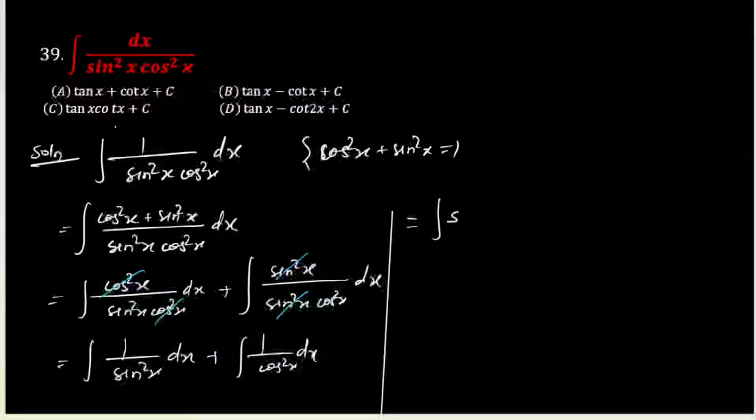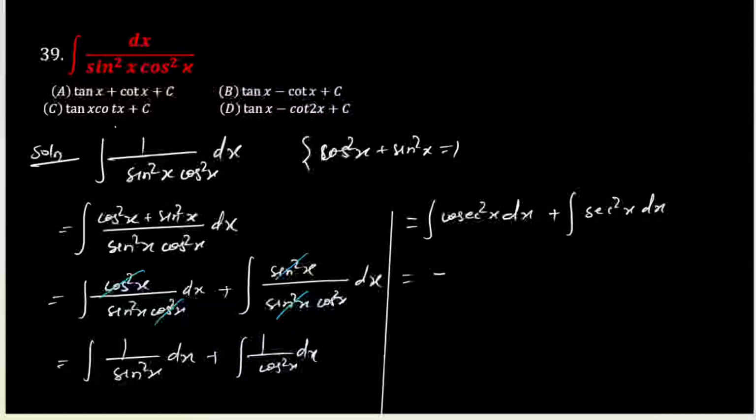This is equal to the integral of cosec x dx plus the integral of 1 by cos x, which is sec x dx.